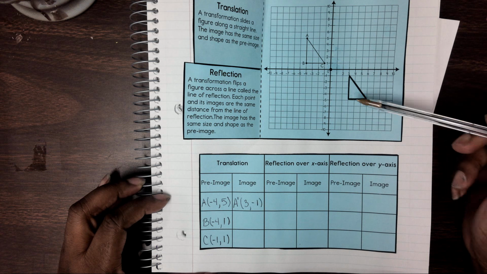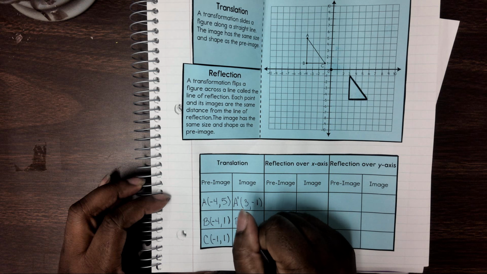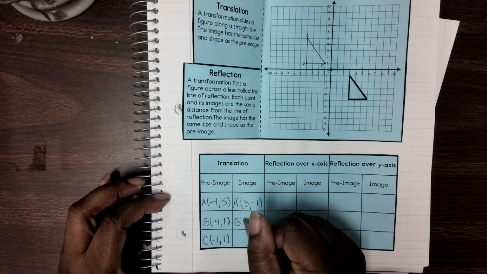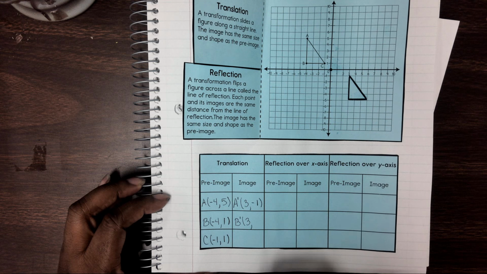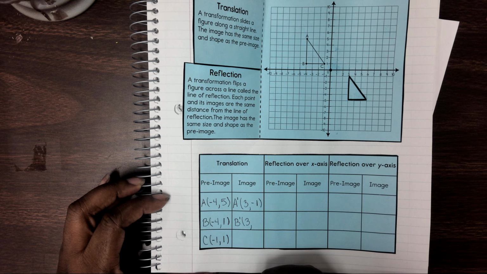Point B is located here, and it is, again it's B prime. It is a positive 3, comma, negative 5.